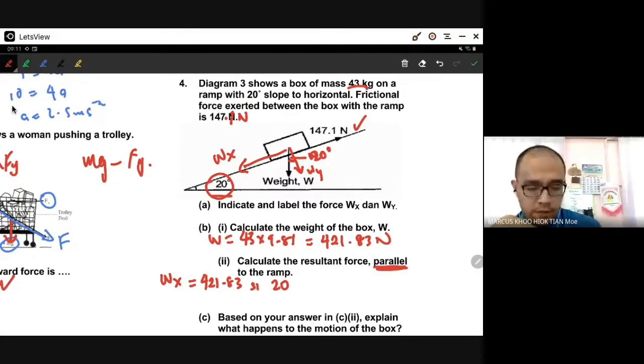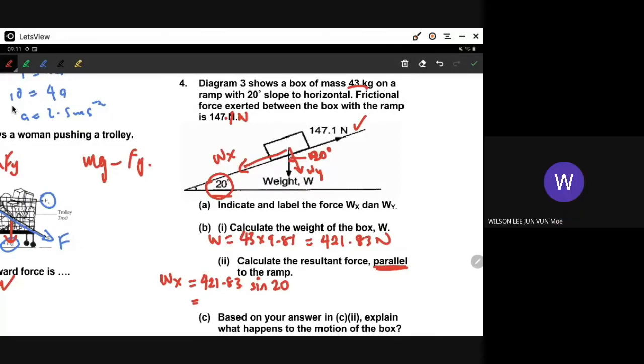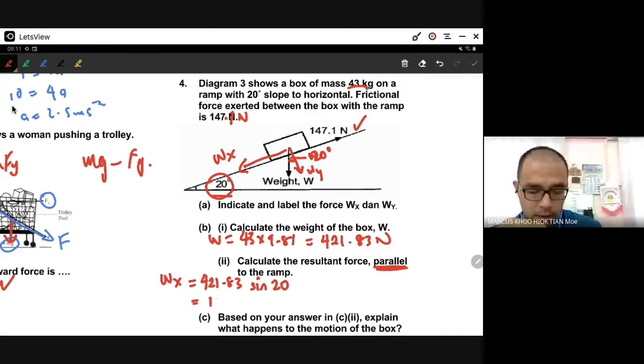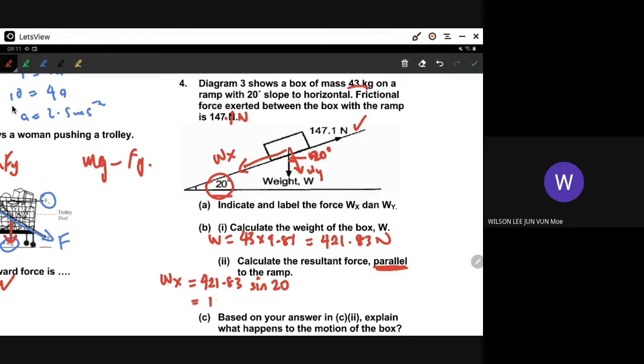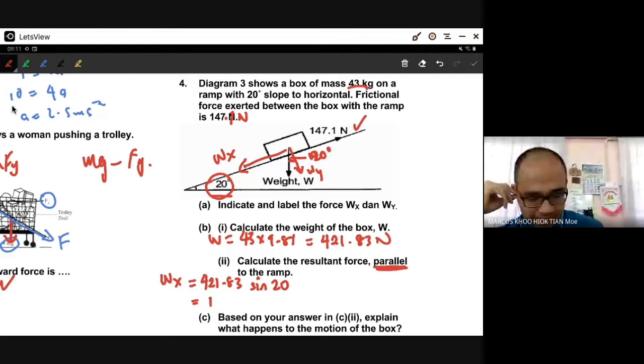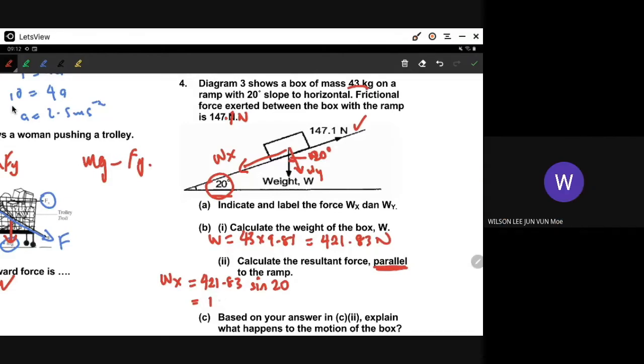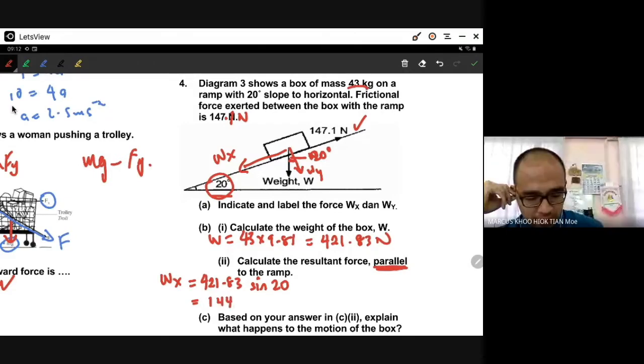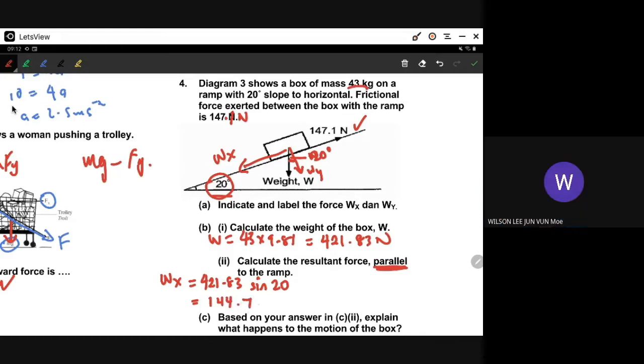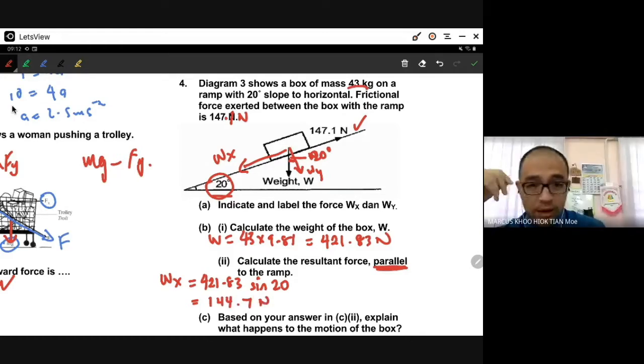So 421.83 sine 20, and the answer is 144.27 newtons.